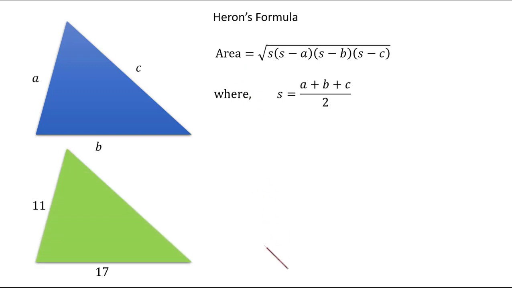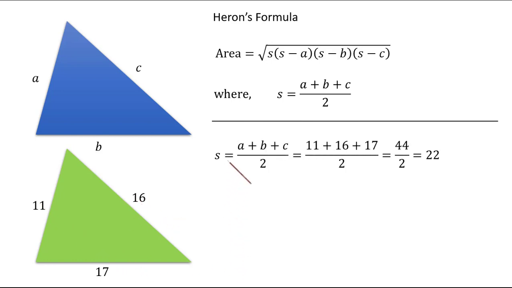For example, if the three sides of the triangle are 11, 16 and 17, a is 11, b is 16, c is 17, and the semi-perimeter would be 44 upon 2, which is 22.